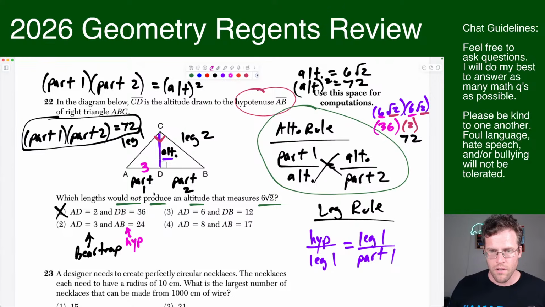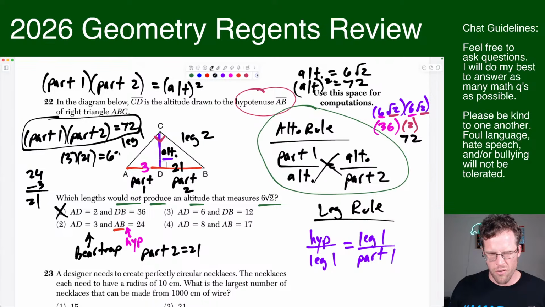If the entire length is 24, then this piece over here would have to be 21. You'd have to do 24 minus 3 to find part 2. If I did 3 times 21, that would give me 63, not 72.